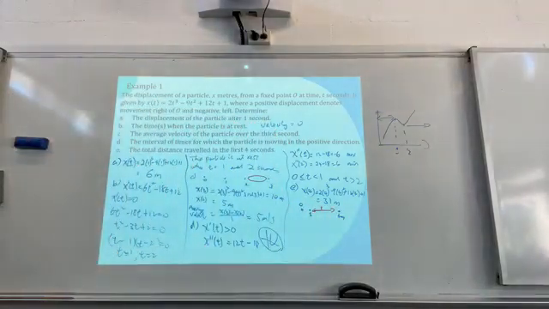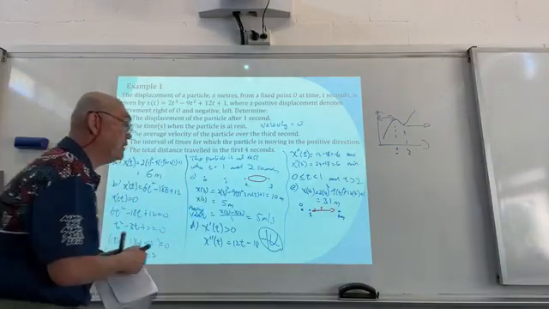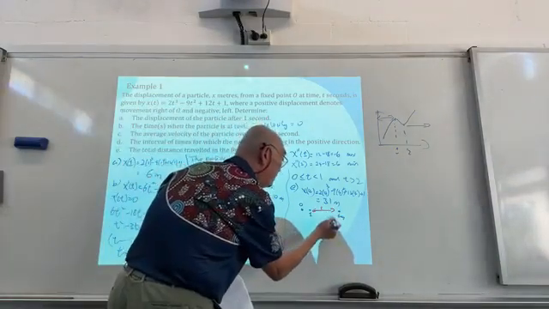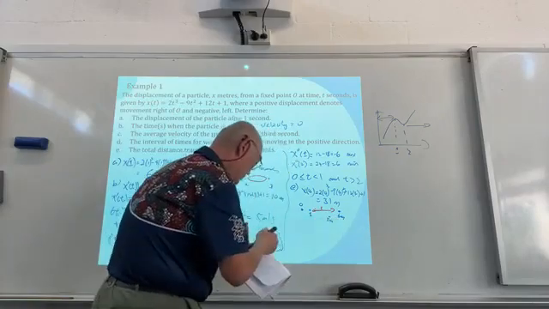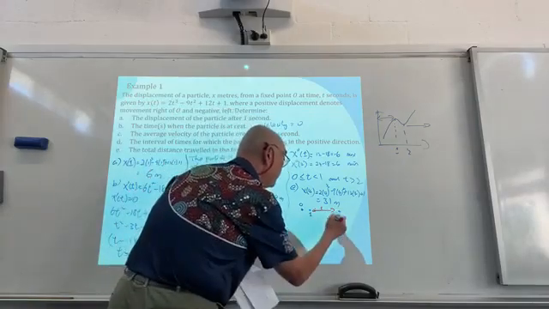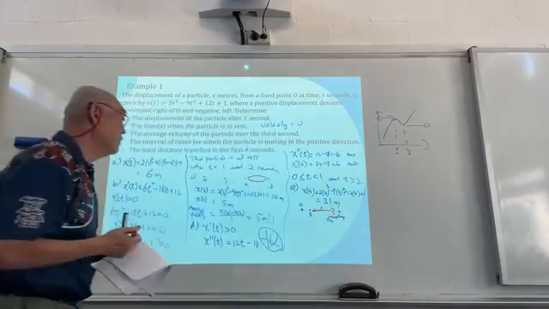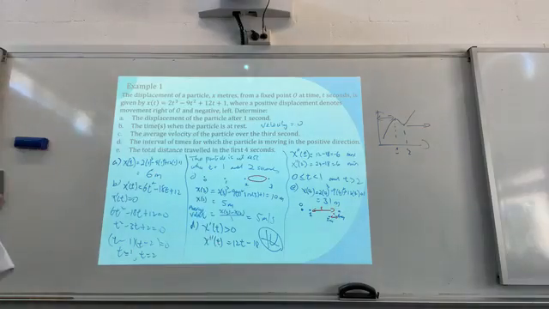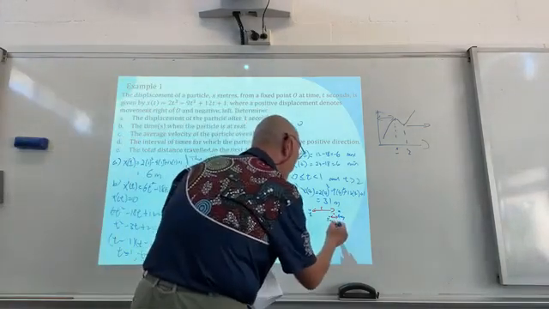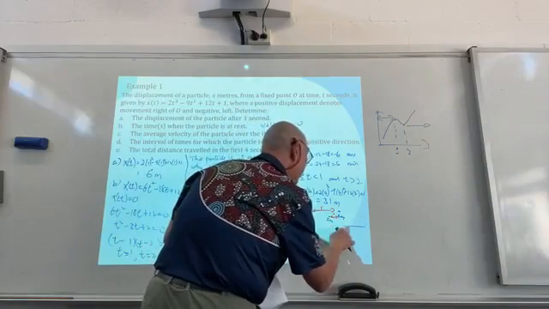Correct? And then at 2, I've already worked out it's 5 meters. I've gone back to here, 5 meters. So I've got 1 meter there. And then at 3, I've gone all the way up to 10 meters.